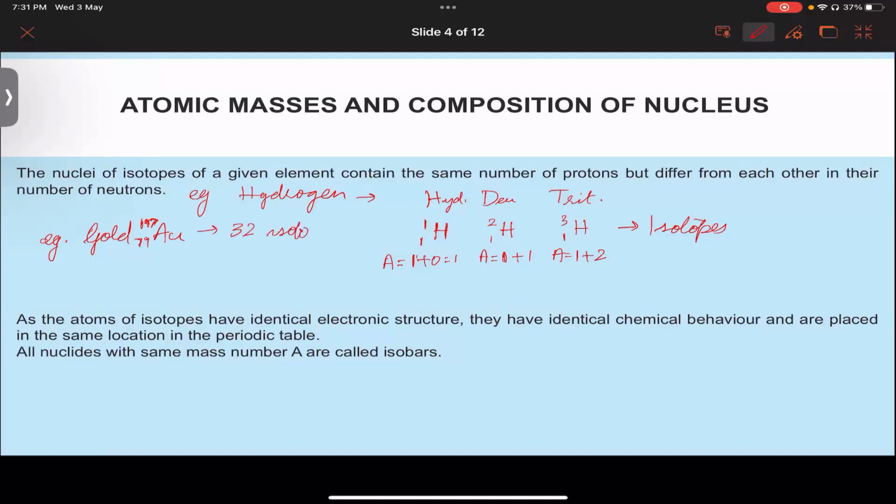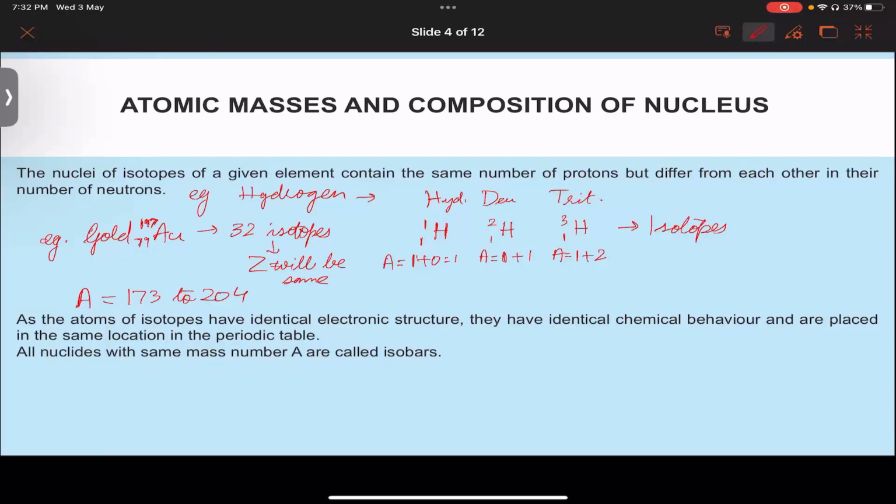For all these isotopes, Z will be the same, and the A of Au ranges from 173 to 204. You can see that this is a large range, and each of these isotopes will have a different number of neutrons in it. But the chemical properties of these will be the same because they have the same number of protons.